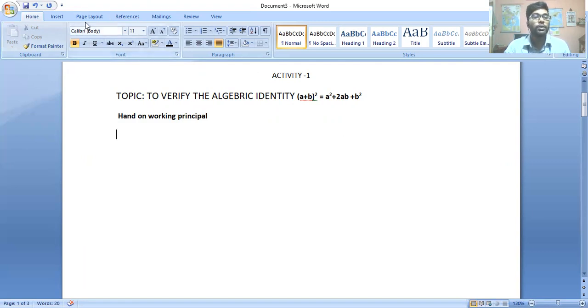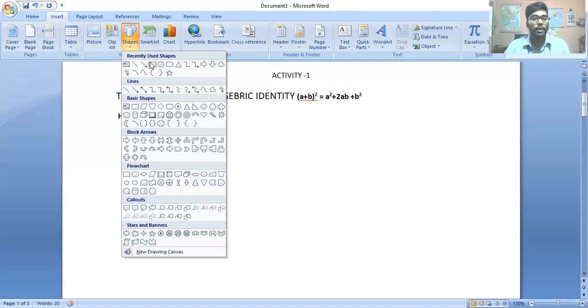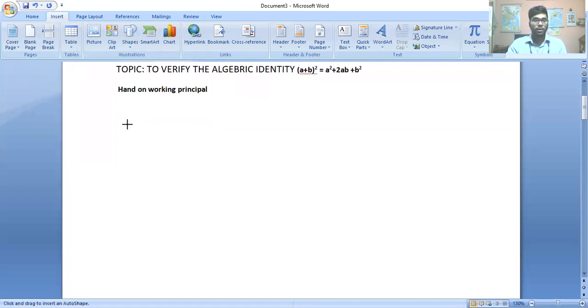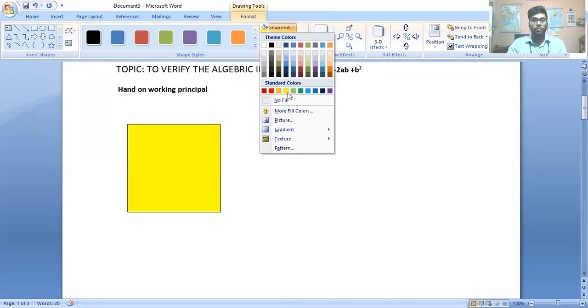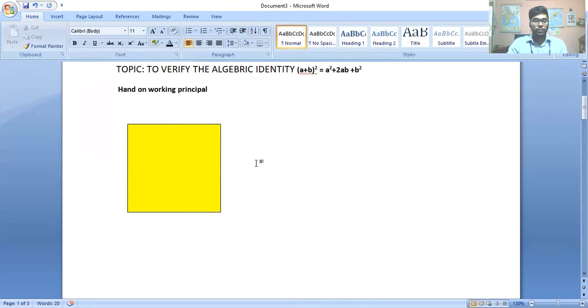So for that, what you need to take is one square of, suppose, 6 centimeter. Clear? We have taken one square of 6 centimeter.